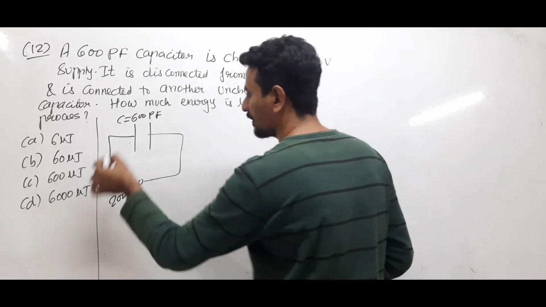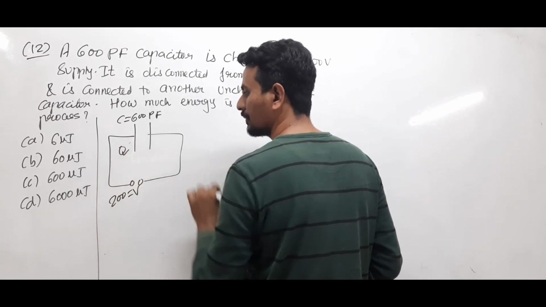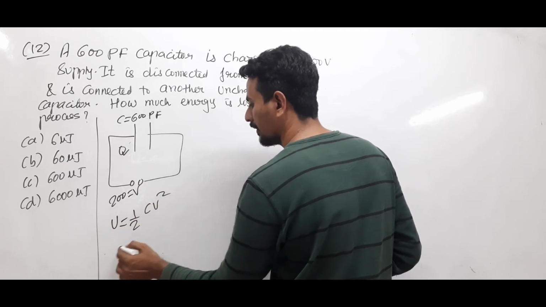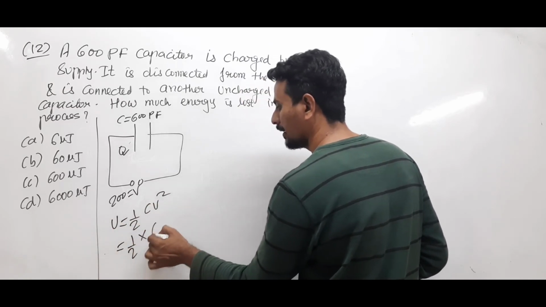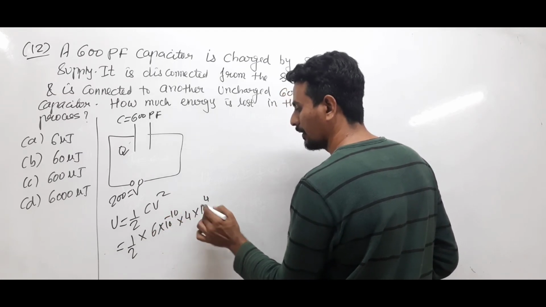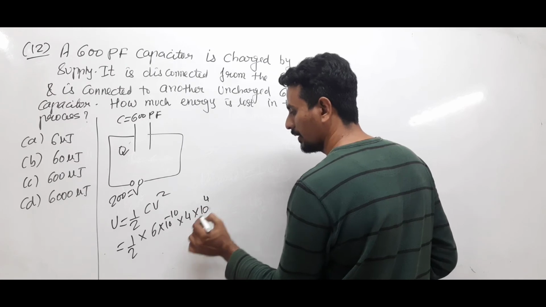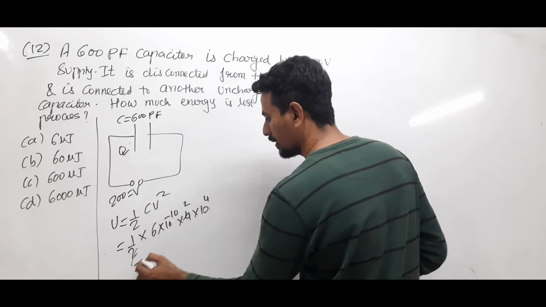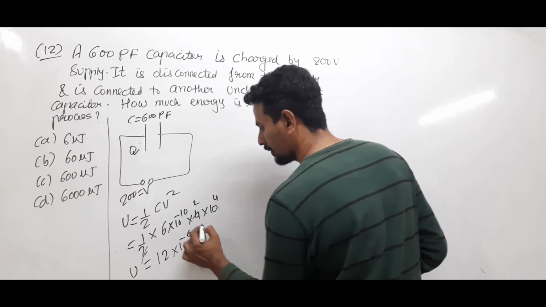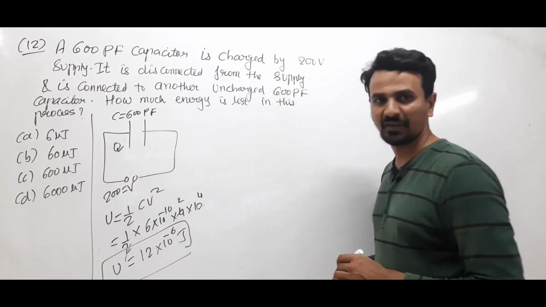The battery will supply some charge, let the charge be Q, and energy stored will be half CV square. So it will be half into 6 into 10 raised to minus 10 into 4 into 10 raised to 4, right? So this will be 12 into 10 raised to minus 6 joule. This is the energy stored in the capacitor.